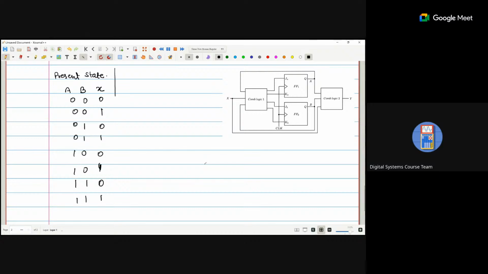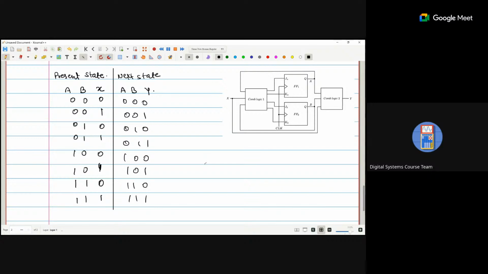Okay, so my next state will be A, B, and Y. What should I require for this one?